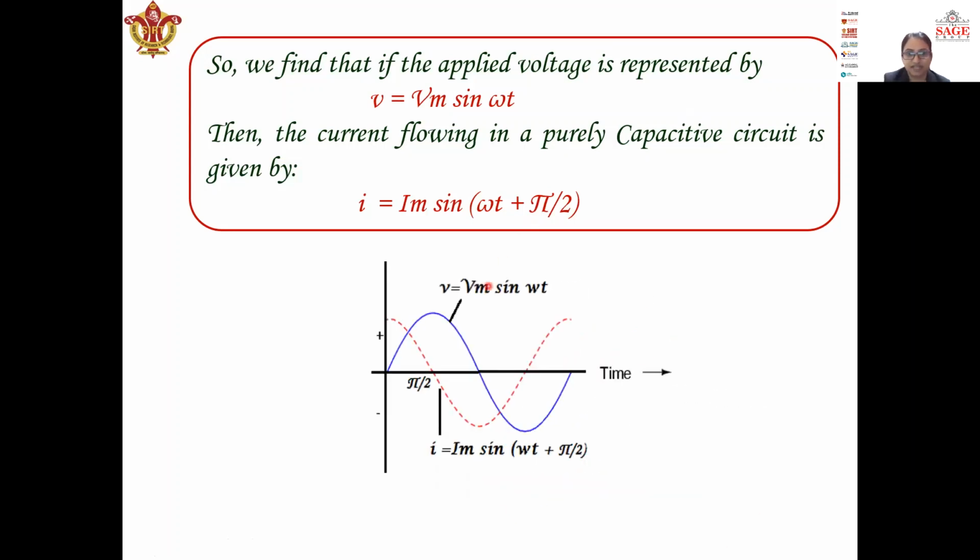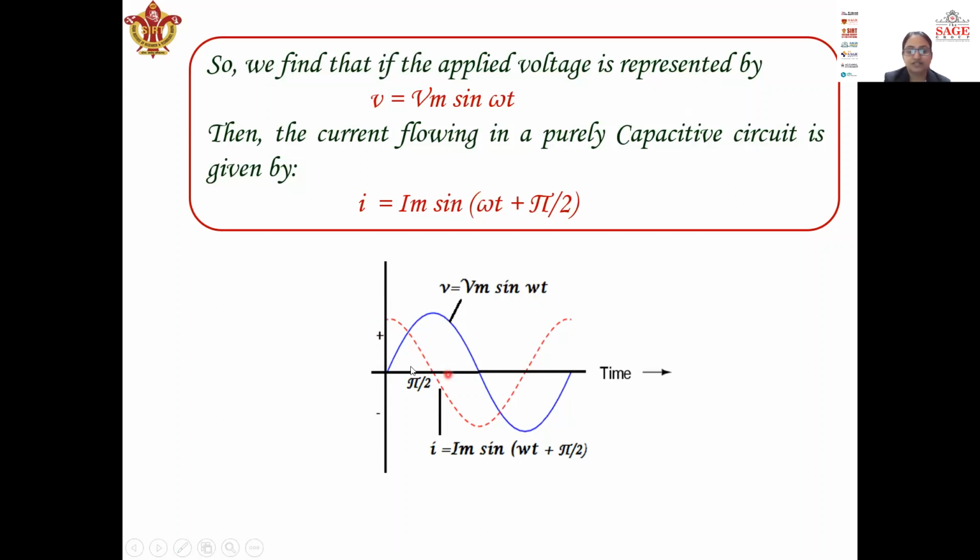So this is the waveform diagram. The blue line shows the expression of voltage and the red dotted line shows the expression of current. So the current starts 90 degrees before the voltage expression starts, right? Because of this plus sign, on the left-hand side of the expression, whenever voltage is 0, the current reaches its maximum value, that is 90 degrees ahead.